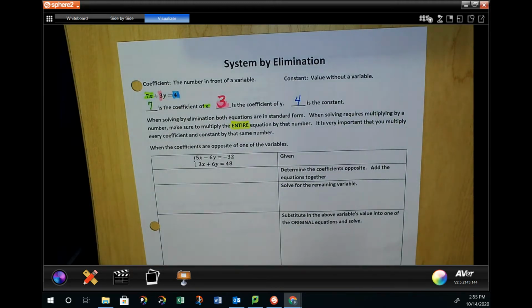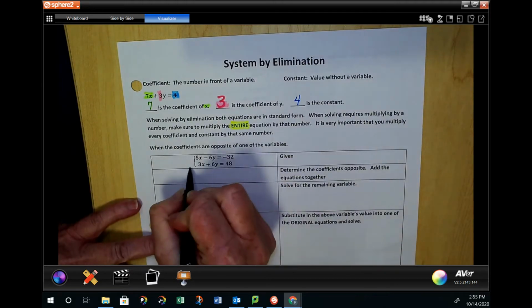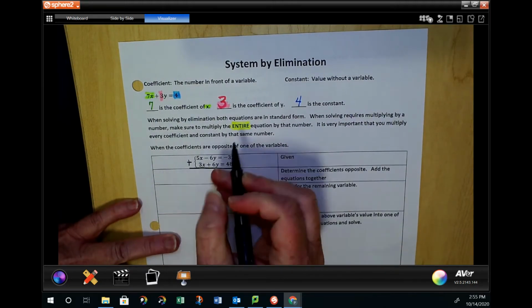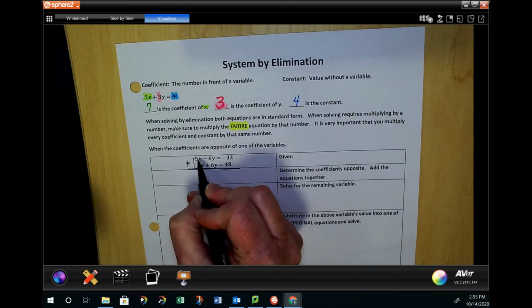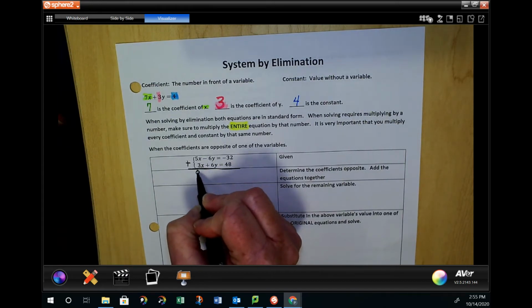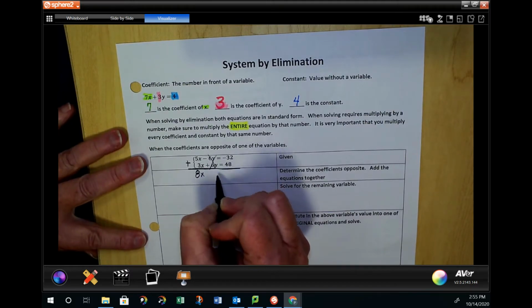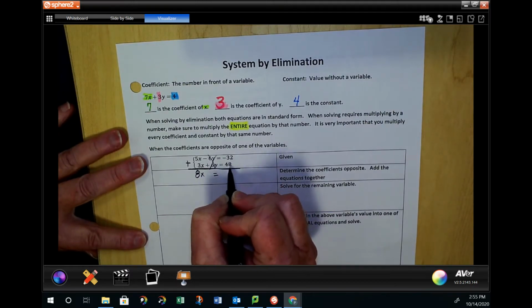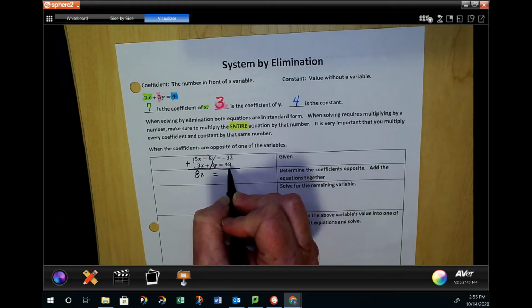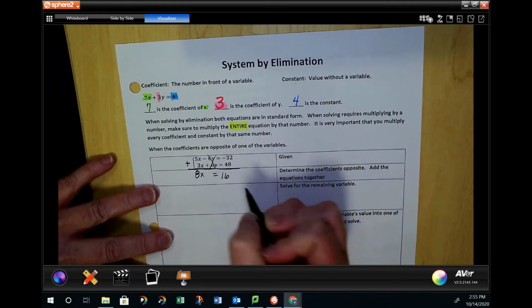So if I just add these two equations together, 3 plus 5 is 8x, and then negative 6y plus 6y cancels, and then you get negative 32 plus 48, and then you get 16.